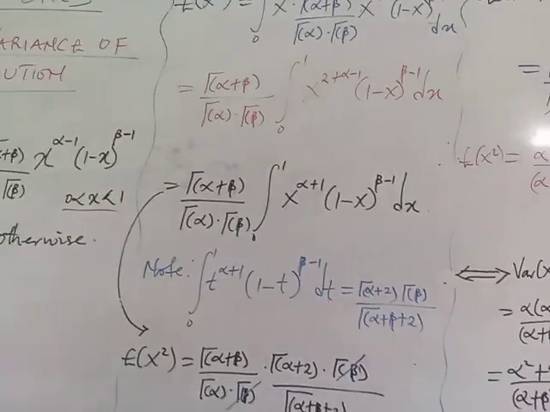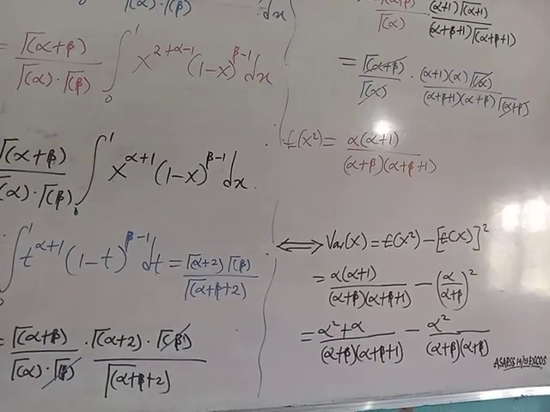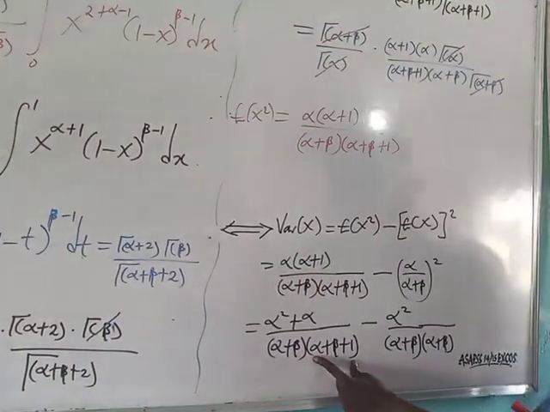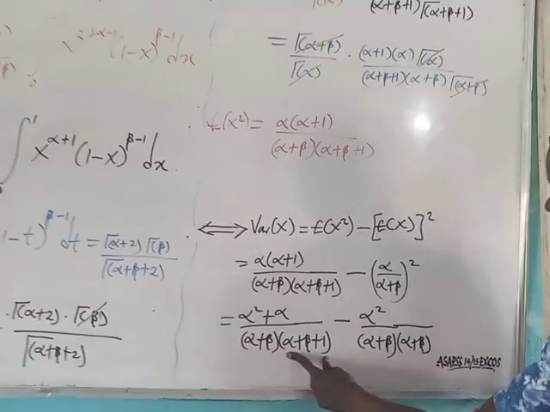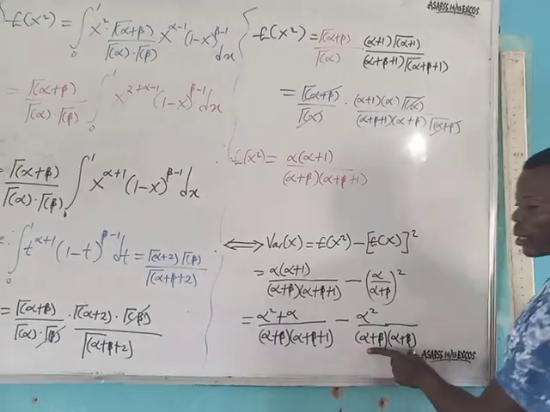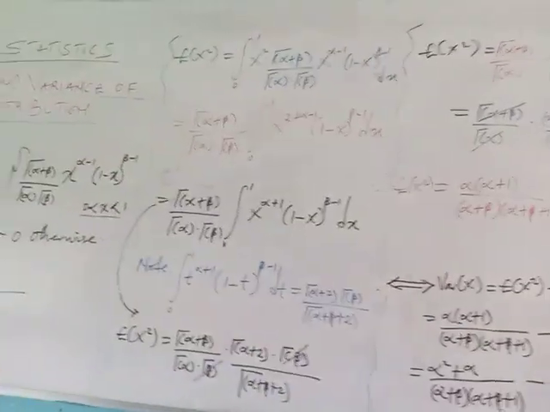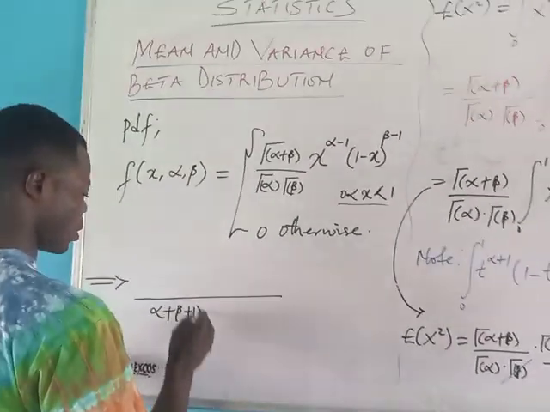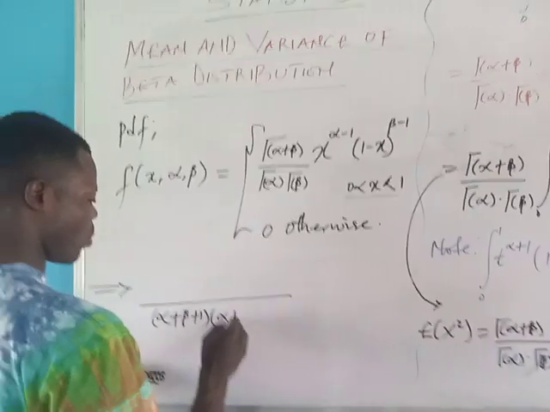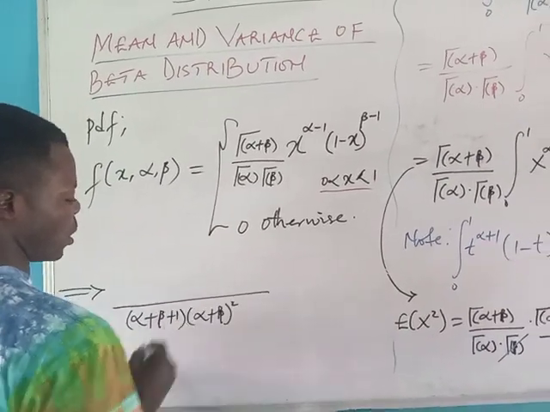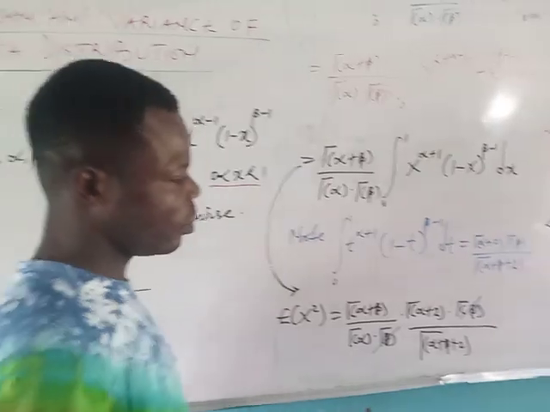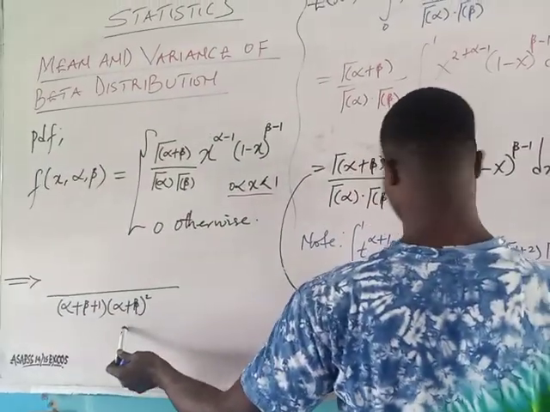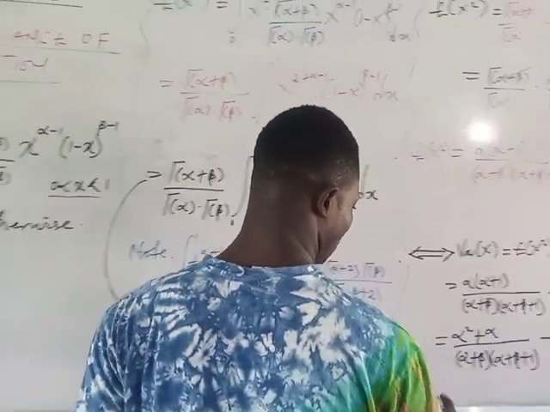So from that place, if you want to find the LCM, it will be alpha plus beta plus 1 and alpha plus beta square. We're going to have alpha plus beta plus 1 into alpha plus beta square. Now, this goes in alpha plus beta square. It should remain that.